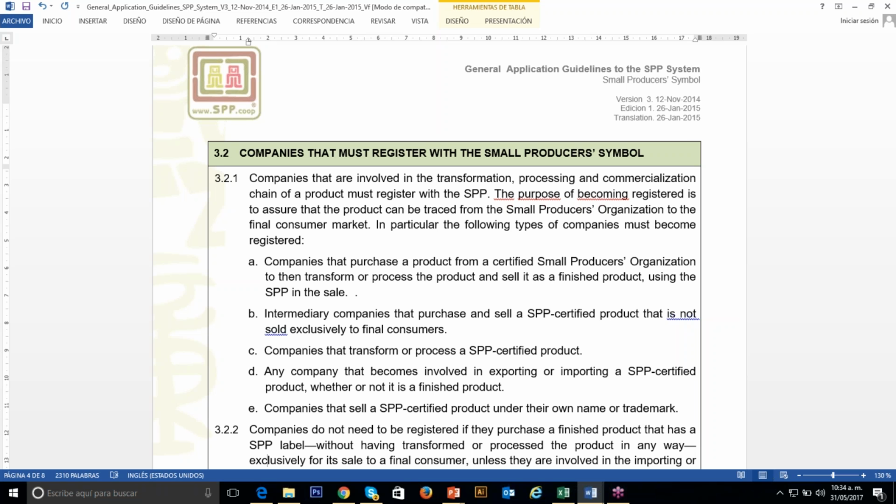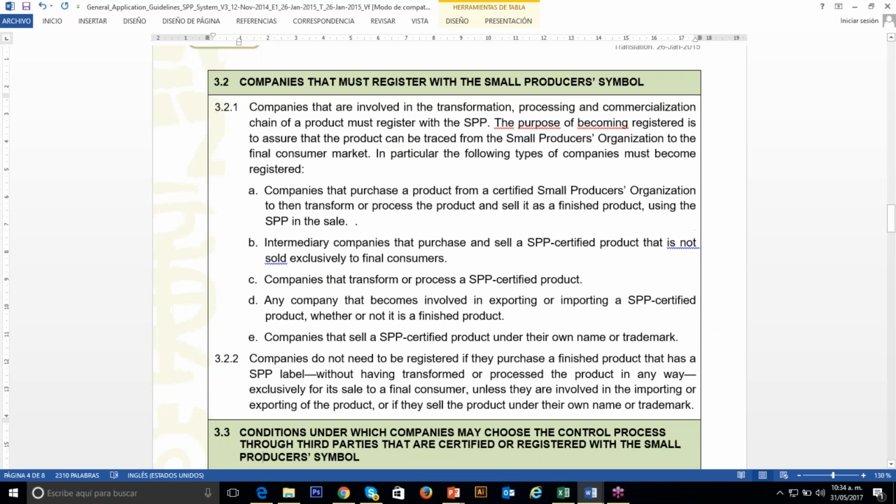Companies that sell a SPP certified product under their own name or trademarks. In this point, companies do not need to be registered if they purchase a finished product that has a SPP label without having transformed or processed the product in any way, exclusively for its sale to a final consumer.